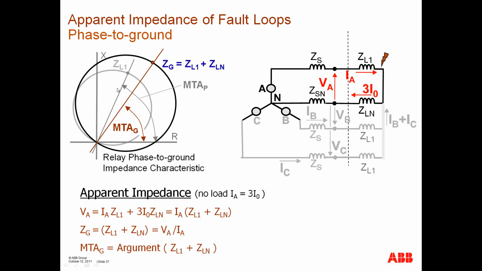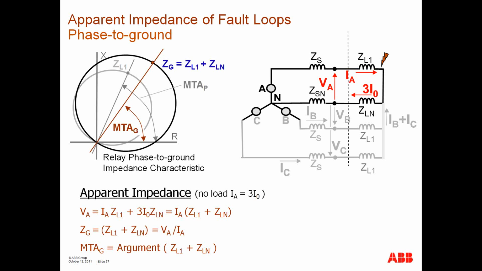I've got MTA. When you set the mho characteristic, the positive sequence characteristic, for example, you set a line impedance value at a line angle.